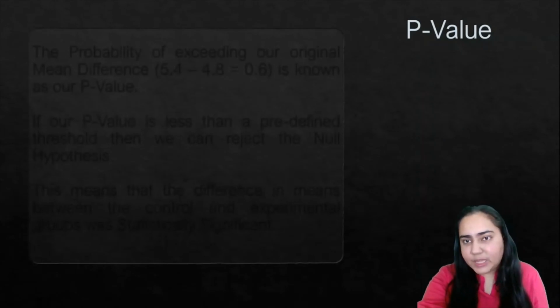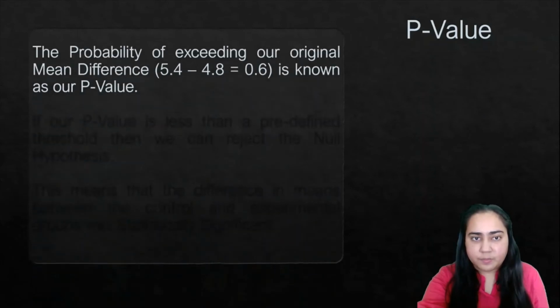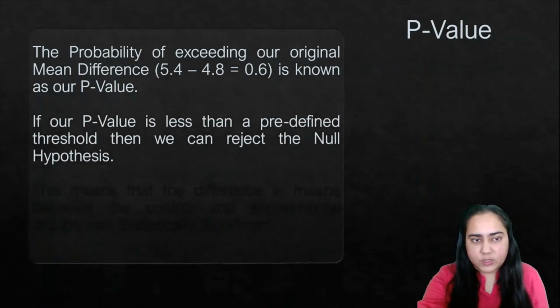But let me just explain first what p-value is. The probability of exceeding our original mean difference, 0.6, is known as our p-value. What is the probability that we would get a mean difference greater than 0.6? If our p-value is less than a predefined threshold, then we can reject the null hypothesis.